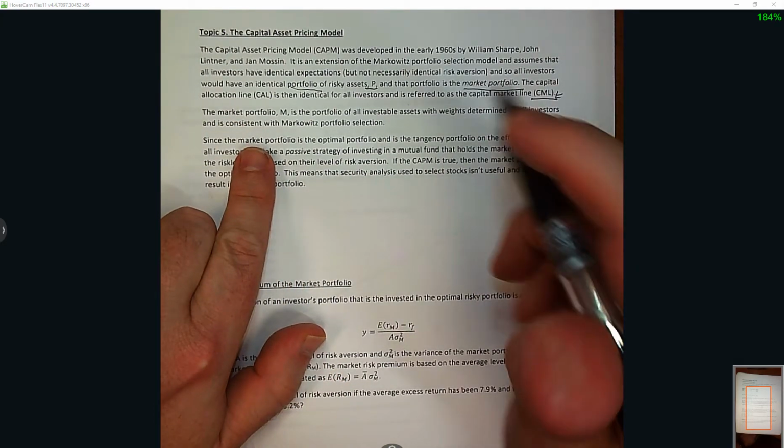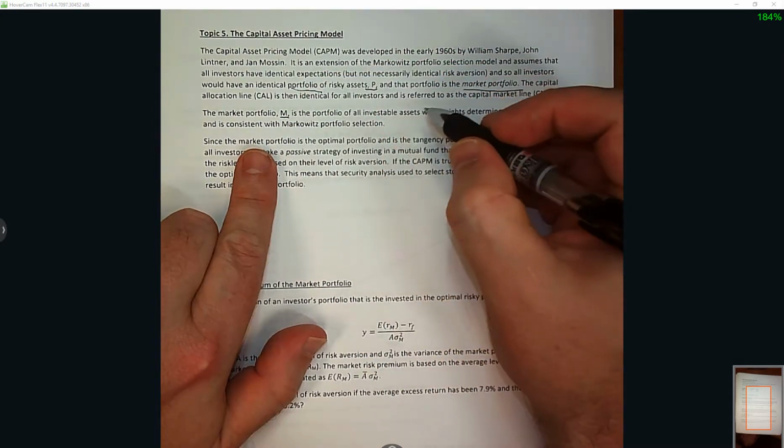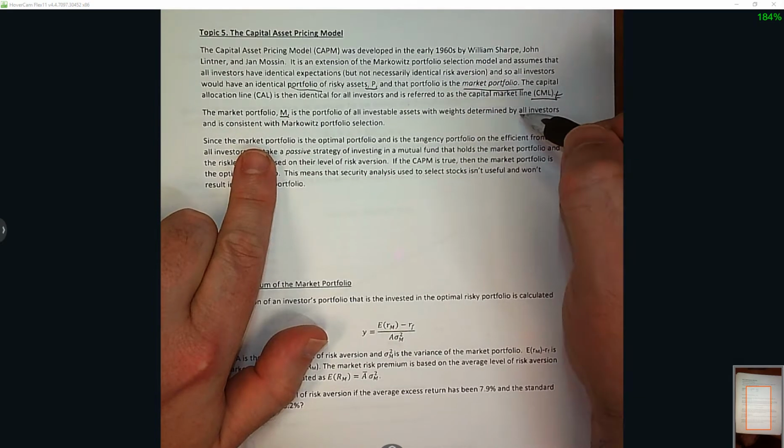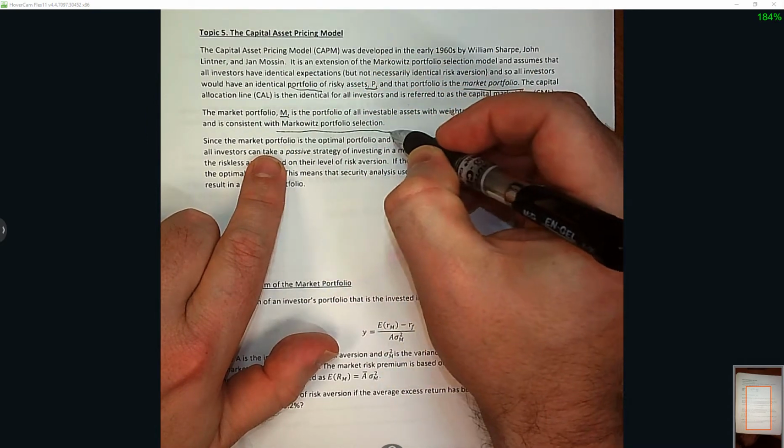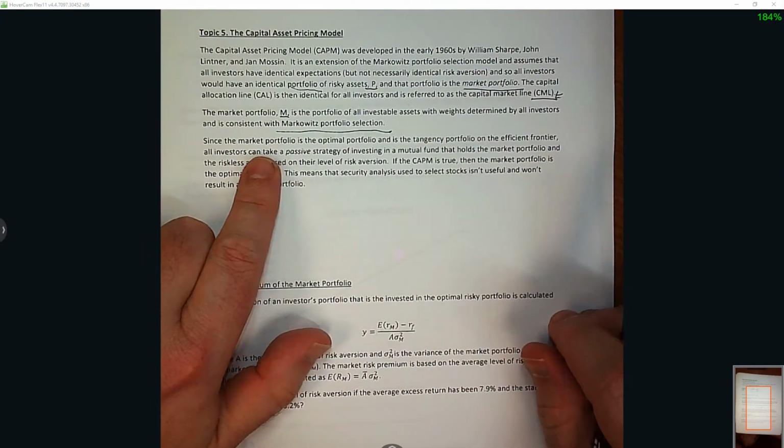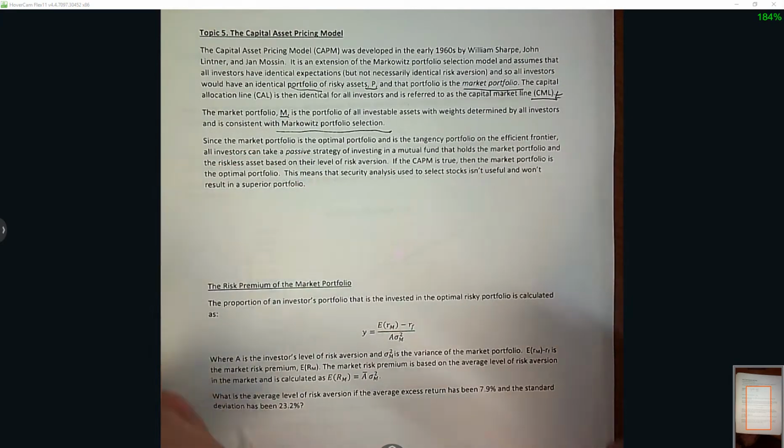The market portfolio M is the portfolio of all investable assets with weights determined by all investors and is consistent with the Markowitz portfolio selection. So theoretically, the idea is that we take all of the investable assets in the world, not just stocks, not just bonds, not just options.